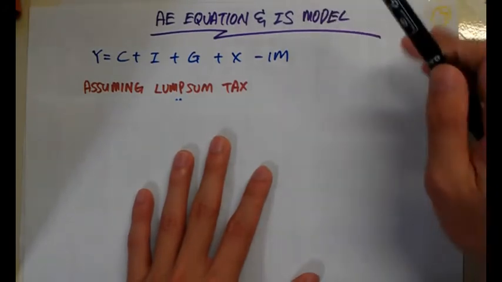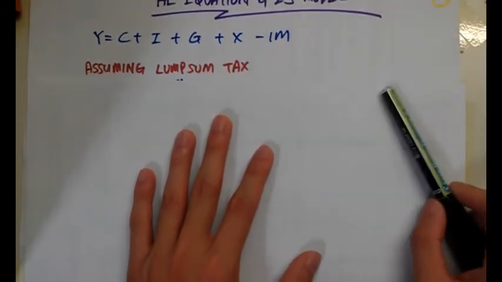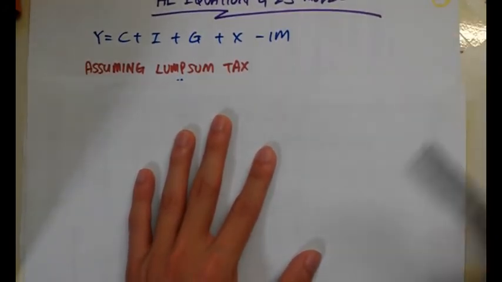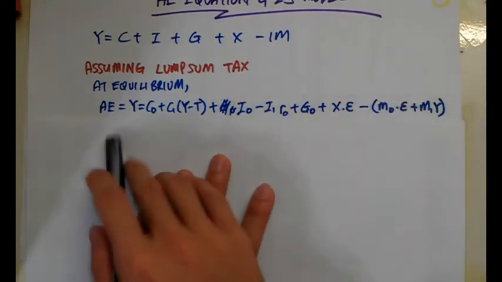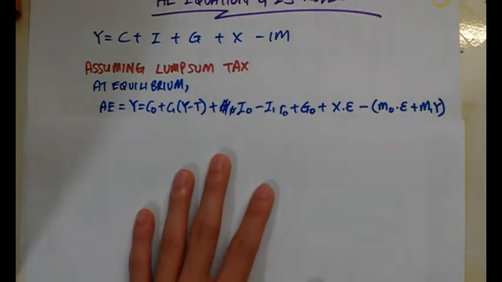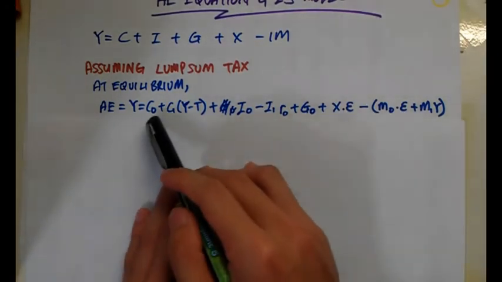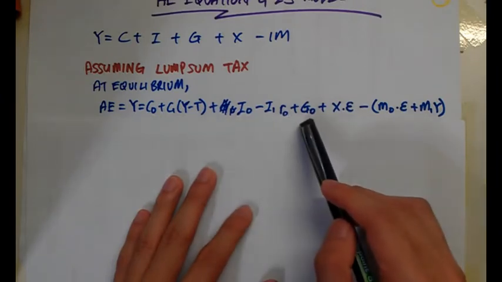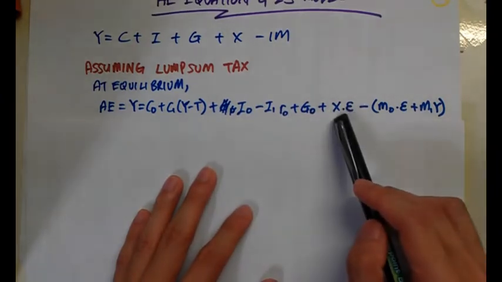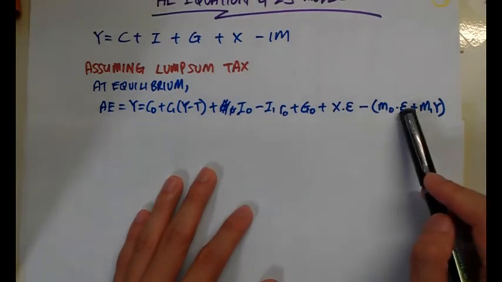Alright? So assuming that I am in an open economy with a government that imposes lump sum taxes, at equilibrium, my aggregate expenditure is going to be equal to my income, and it's going to be my C component plus my I component plus my G component plus my X component and minus my imports component.